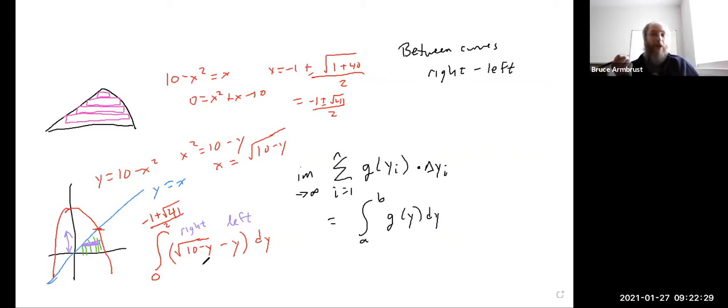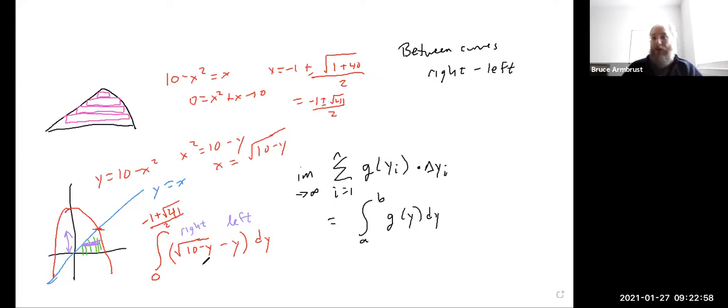We don't have a way to do that yet. Actually, you do. You could do a u-sub. But it's going to be ugly. It's going to be gross. However, we did trade two integrals for one. So just keep in mind that when you're looking at something like this, you can always turn yourself, change your perspective, and it can make it easier.